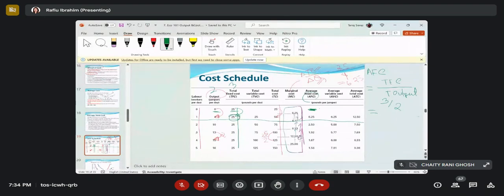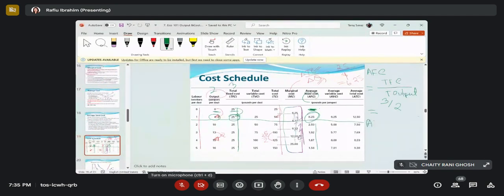The output is 4, so the average fixed cost is 25 by 4, which is equal to 6.25. And this goes on for the rest of the calculations. Am I clear? জি মিস। These are very simple, right?